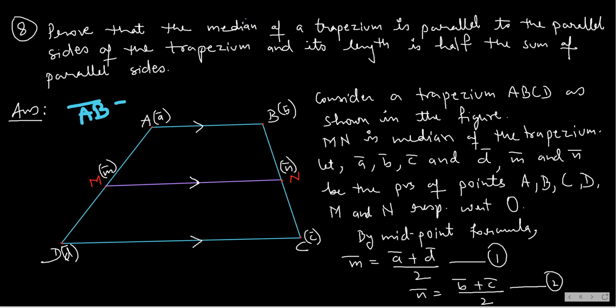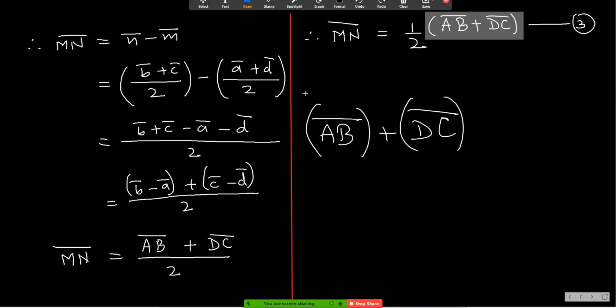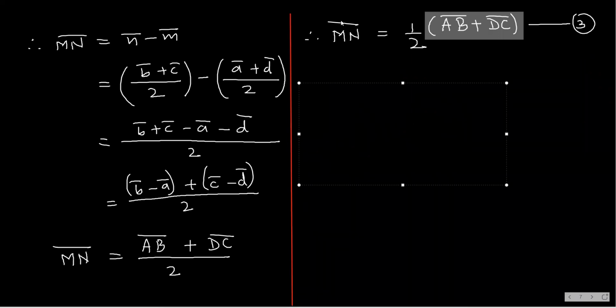Further, AB bar plus DC bar is nothing but a vector in the direction of AB bar and DC bar, to which MN bar is equal. See, MN bar is 1 by 2 times this.